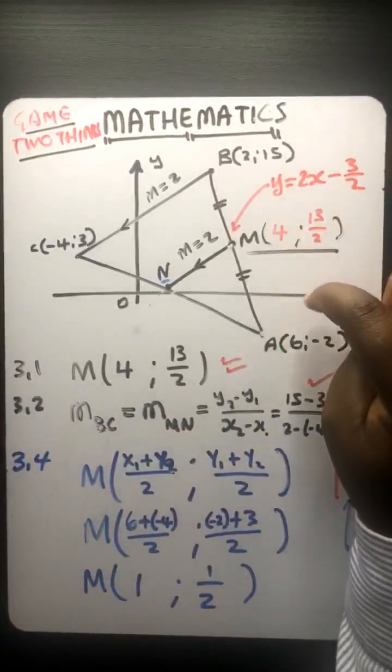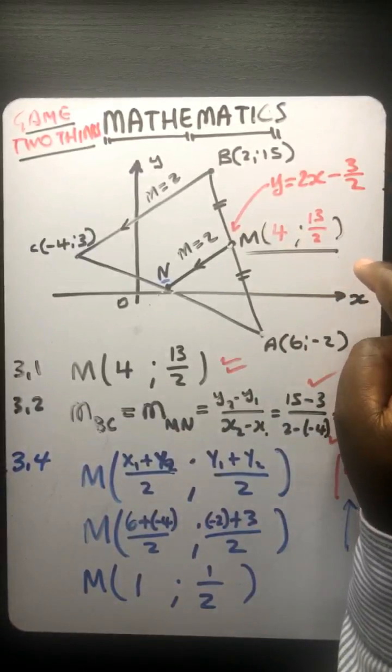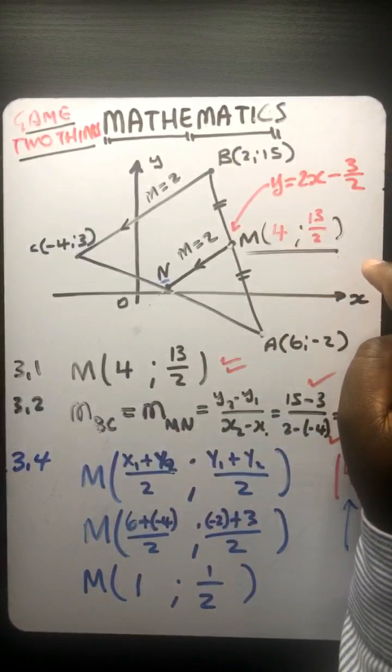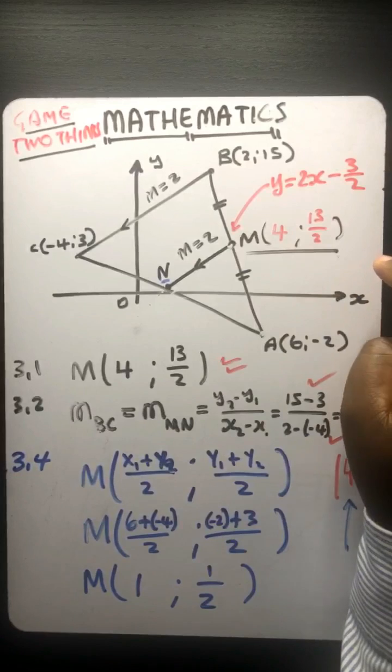So it has not changed. It's the same thing. So if we have to look for the coordinates of N, we know that M is a meeting point, and M and N, to me, they are similar. That's how I thought it's only this side. Hence I used the midpoint formula.